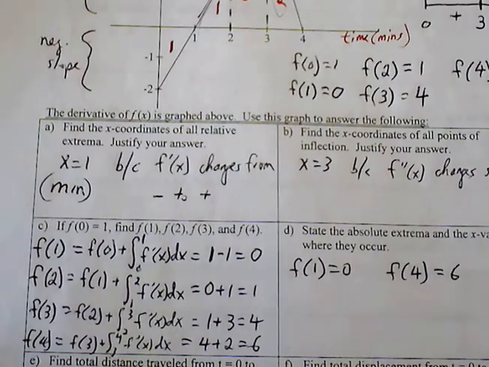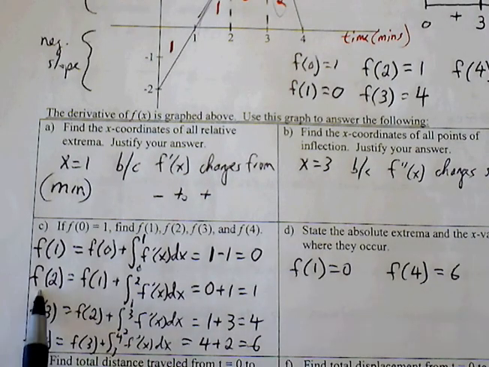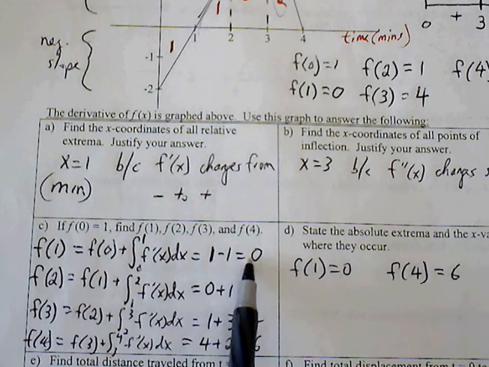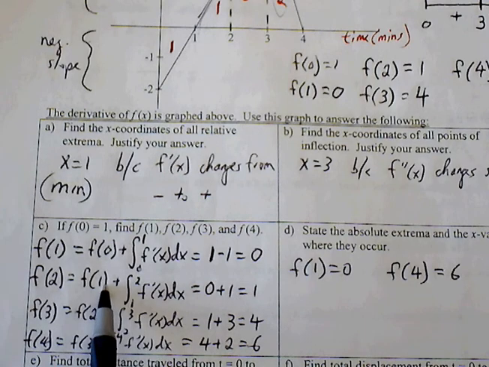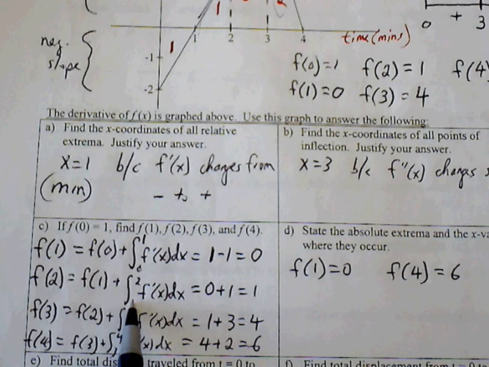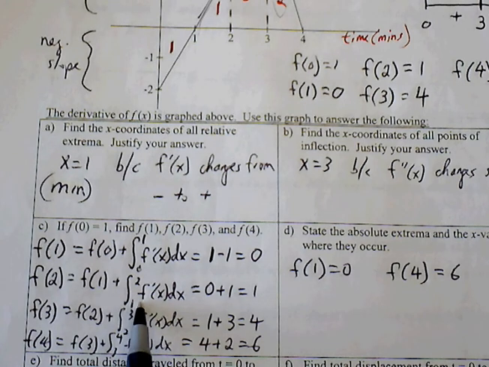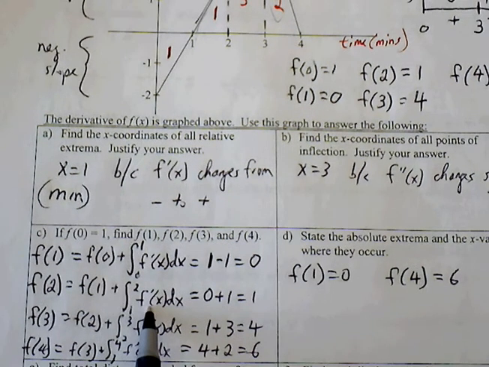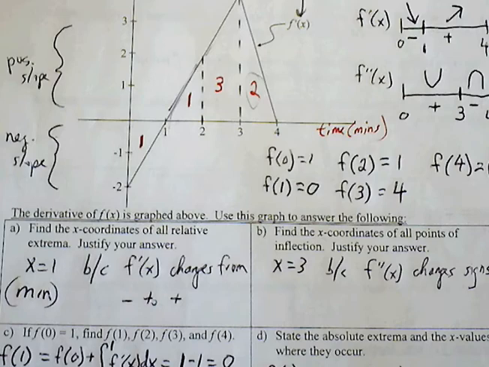Now if we want to figure out where this car is going to be after 2 minutes, we know that at 1 minute he's going to be at mile marker 0, and then we can figure out by looking at the area how much ground this car is going to cover between the first and second minute. However, we know that the velocity is changing because the slope keeps increasing.